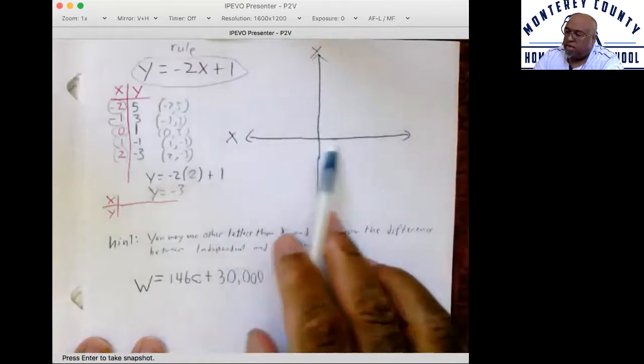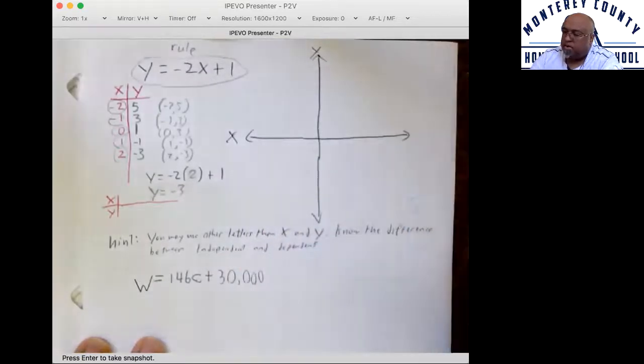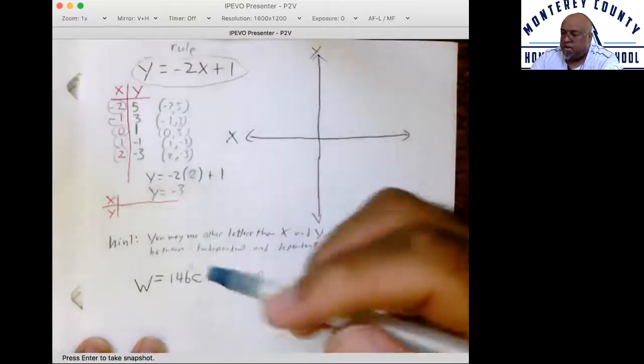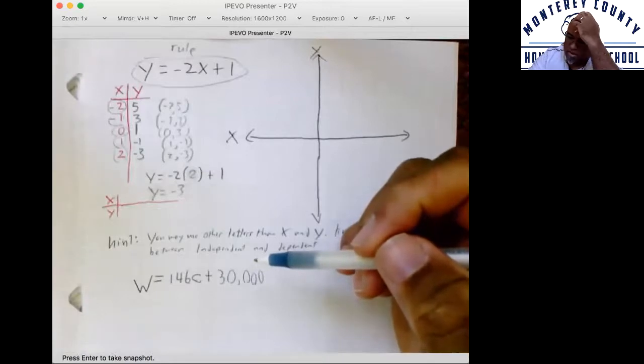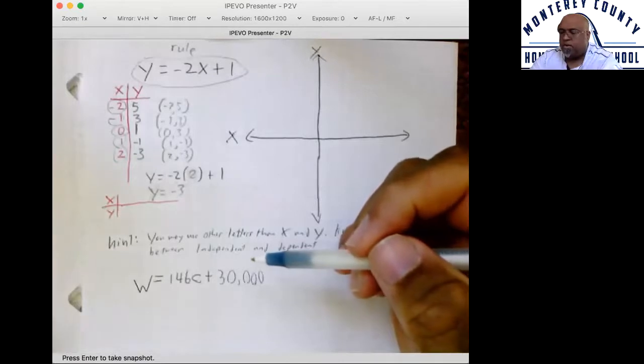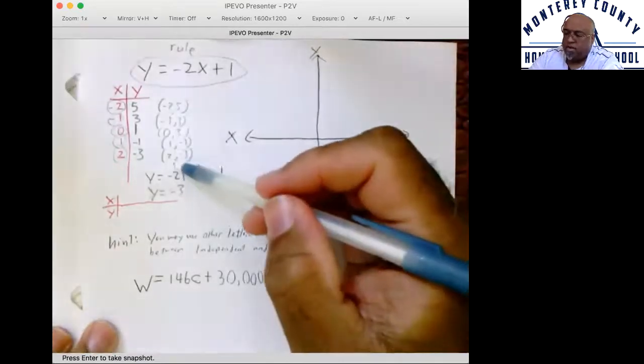So I have my x-axis and my y-axis. Together they make a coordinate plane on graph paper. Now, the step said to make proper intervals.